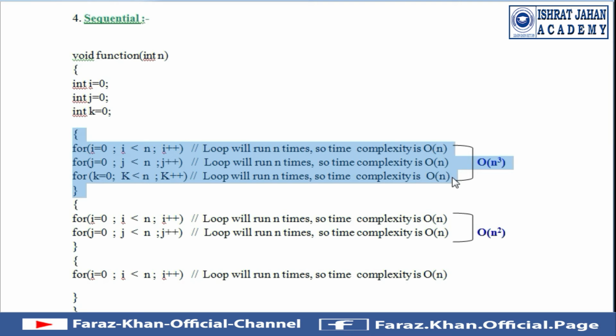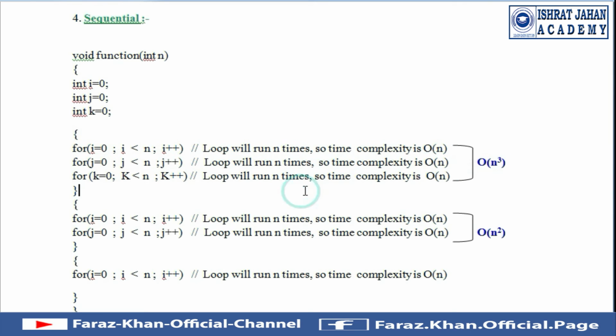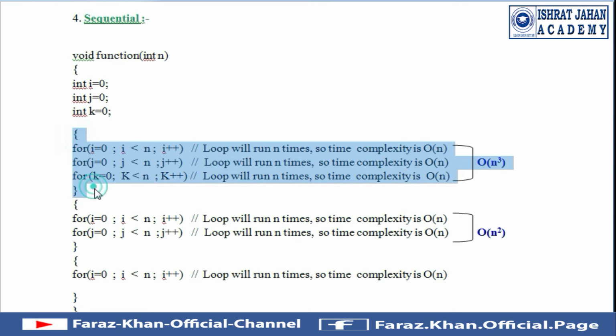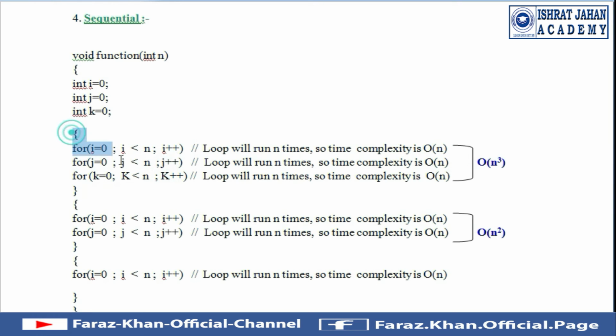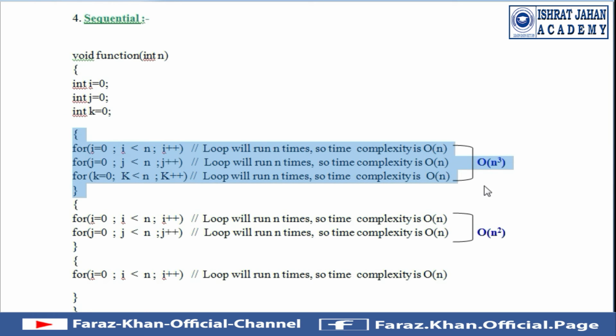So the rule is, just like the previous example, whenever we have loops in the same body, we just multiply the complexity. So O(n) multiplied by O(n) multiplied by O(n) becomes O(n cube), right?